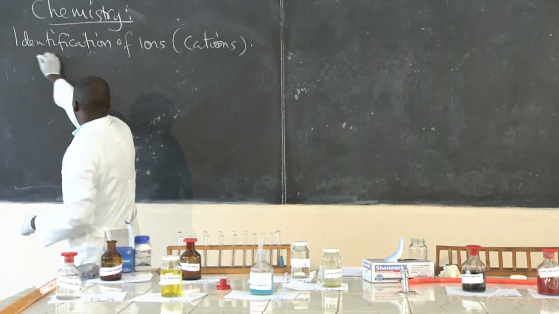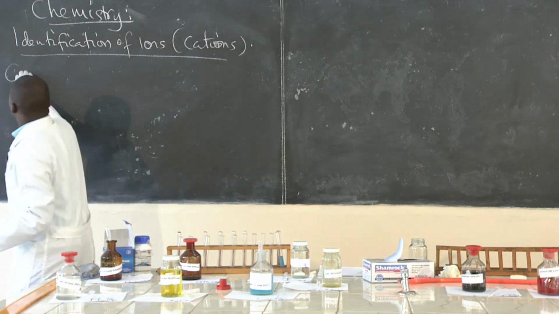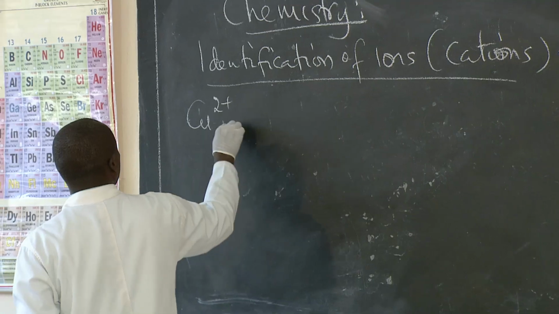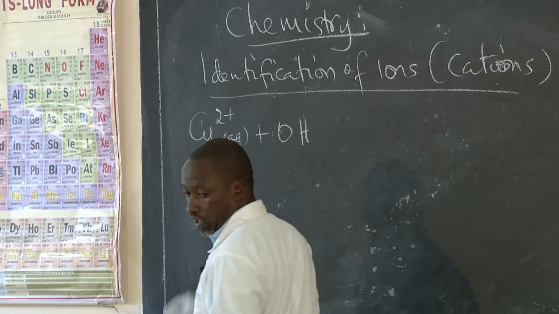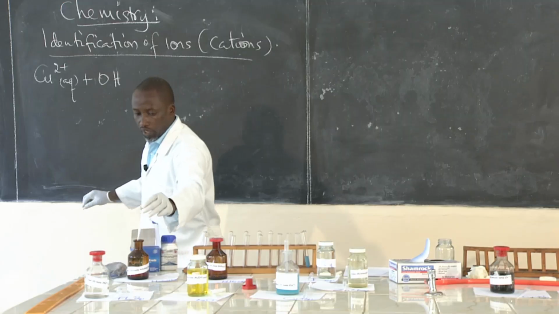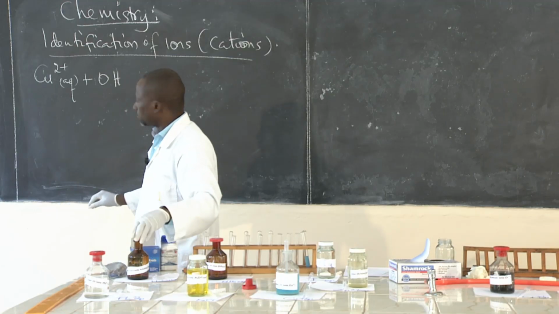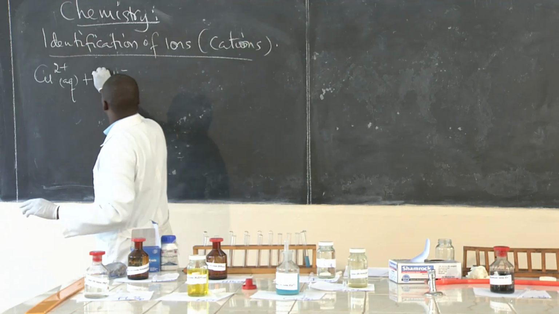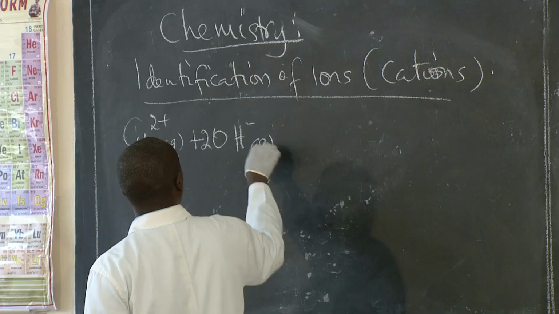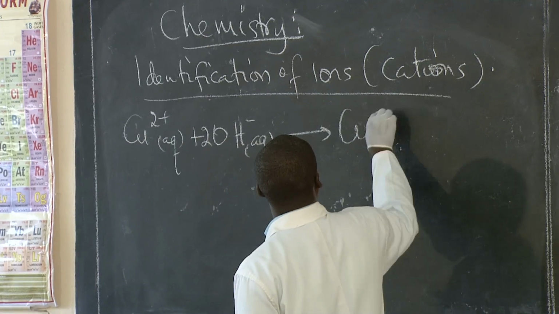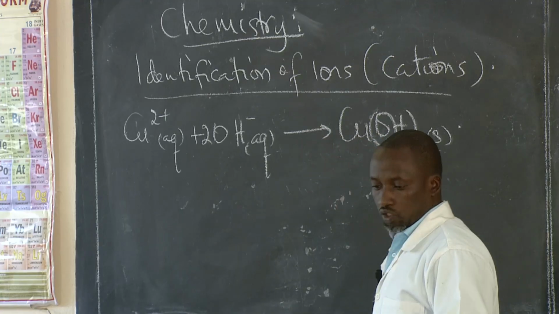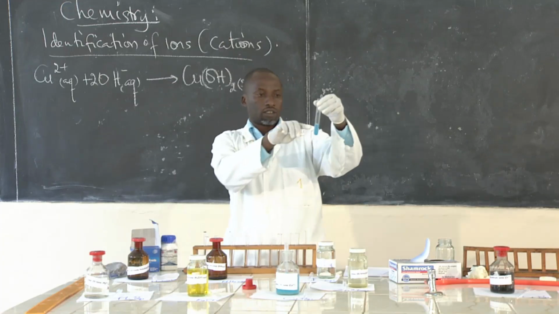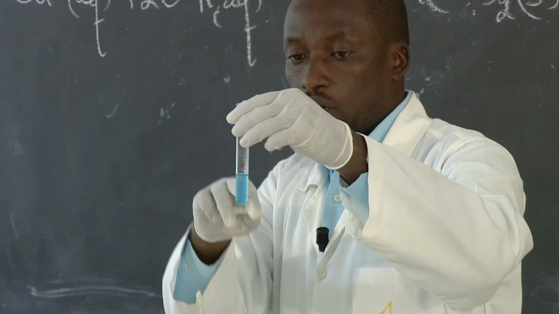So we started with the copper 2 ions, and these copper 2 ions are reacting with the hydroxide ions from sodium hydroxide. This gives copper 2 hydroxide, which is what formed here.